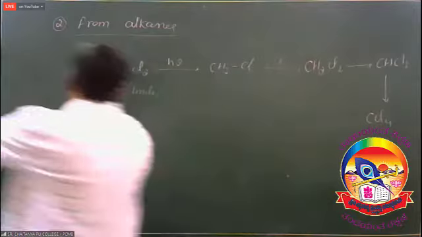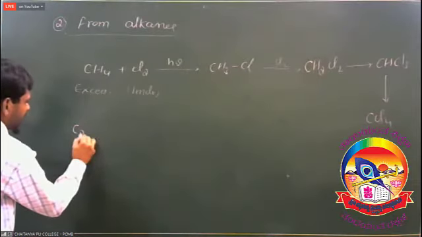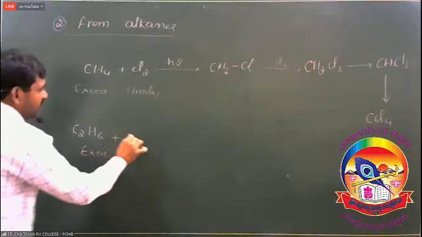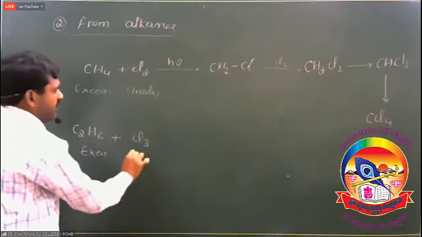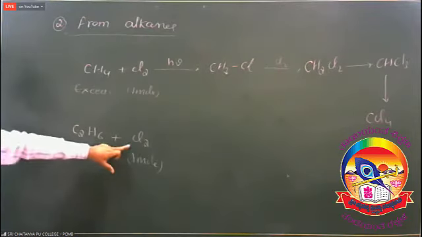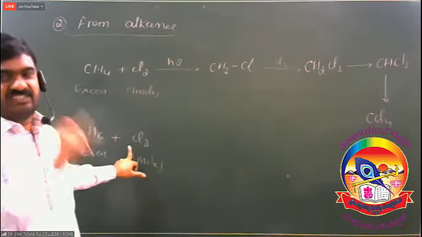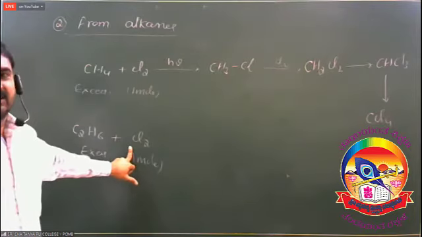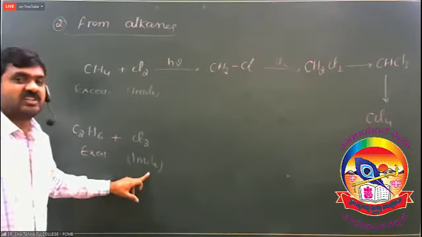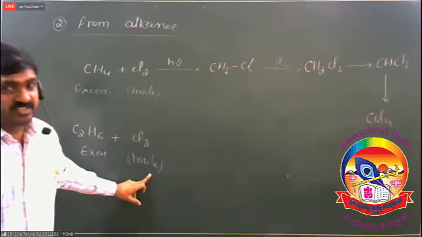If you take excess of ethane, C2H6, excess of ethane, reacts with a limited supply of chlorine, that is 1 mole of chlorine. Okay, so it is also called limiting reagent. Limiting reagent is also very important. What is limiting reagent? It is used in stoichiometry.